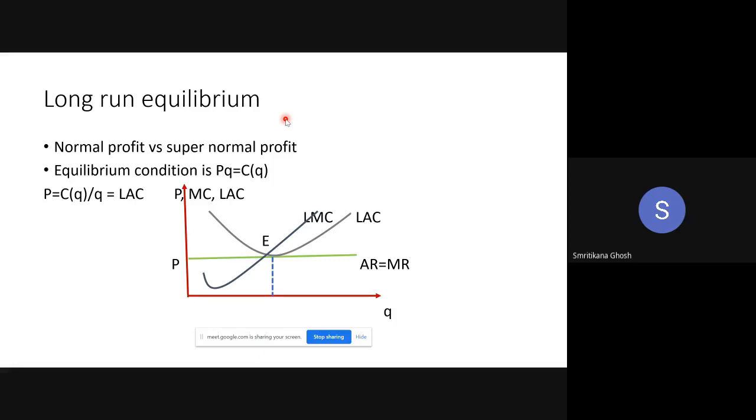But the total size of the industry is fixed. I'm not changing the demand. Only new firms are entering, and they are, in every respect, very similar. That is the assumption. So the existing supernormal profit is shared among all the firms. Say in the short run, the supernormal profit is shared among 50 firms.